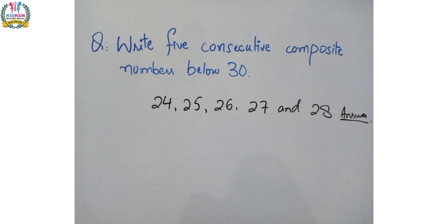For example, we can start 1, 2, 3, 4, 5, or 54, 55, 56, 57. So we start with these composite numbers below 30. So 24, 25, 26, 27 and 28, these five numbers are composite and consecutive numbers below 30.